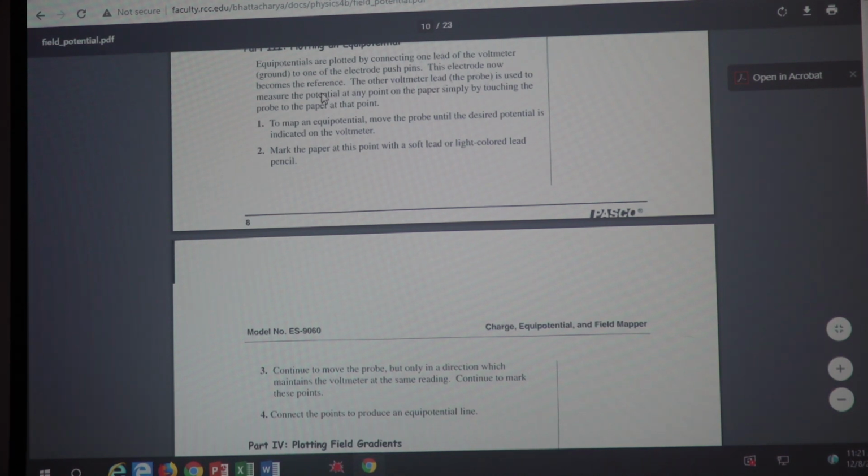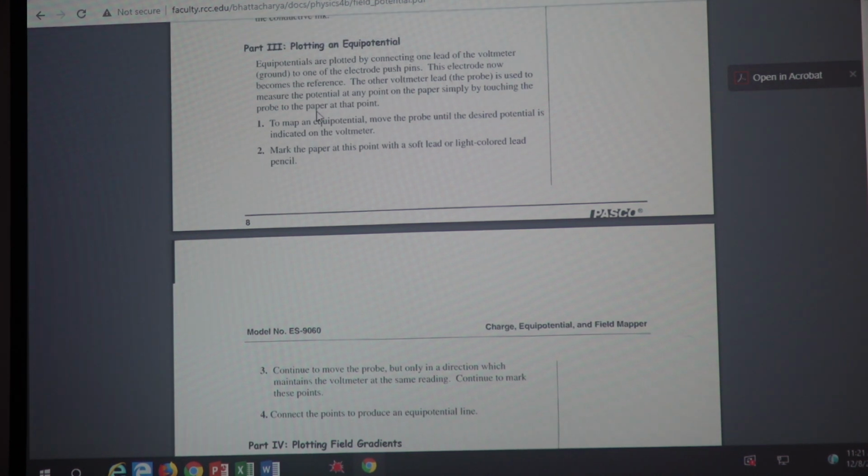This electrode now becomes a reference. The other voltmeter lead is used to measure the potential at any point on the paper simply by touching the probe to the paper at that point. To map an equipotential, move the probe until the desired potential is indicated on the voltmeter. Mark the paper at this point with a soft lead or colored pencil.